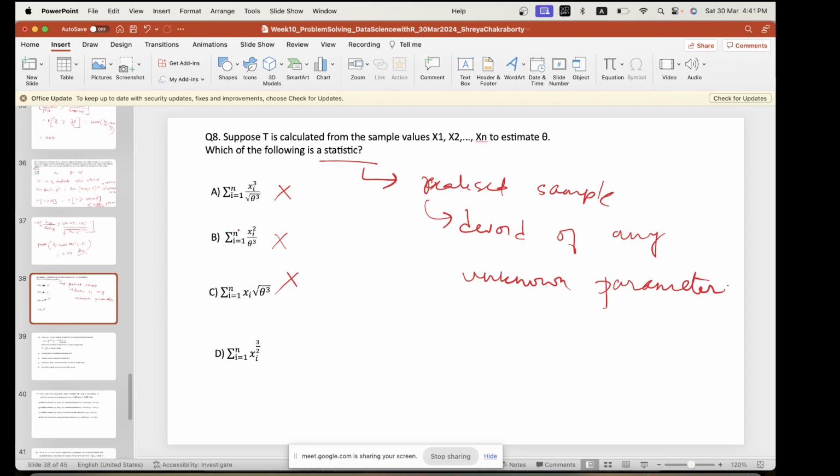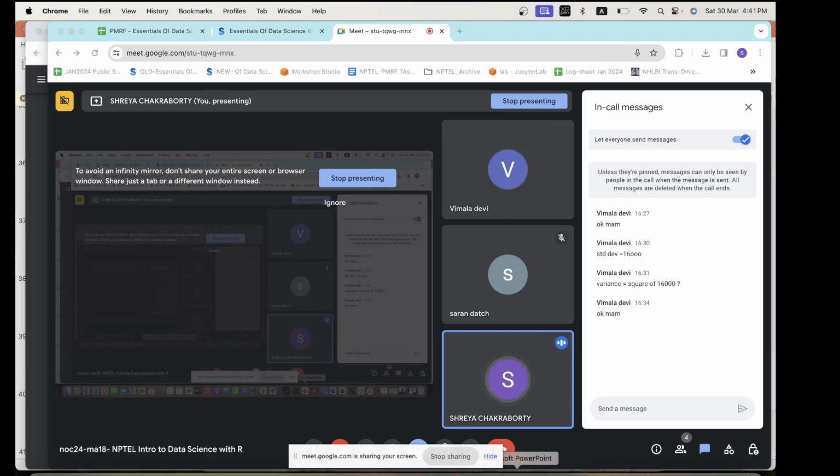You cannot have any unknown quantity in any statistic. A statistic should be solely based on the realized sample or observations. It should be solely some function of xi only, nothing else. It could have some constant but not anything unknown. So then this is actually a statistic. Is it okay? Alright, so let me move on to the next one.